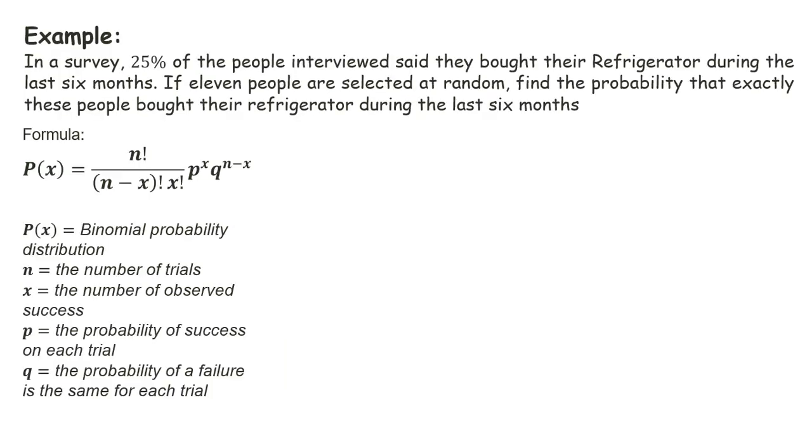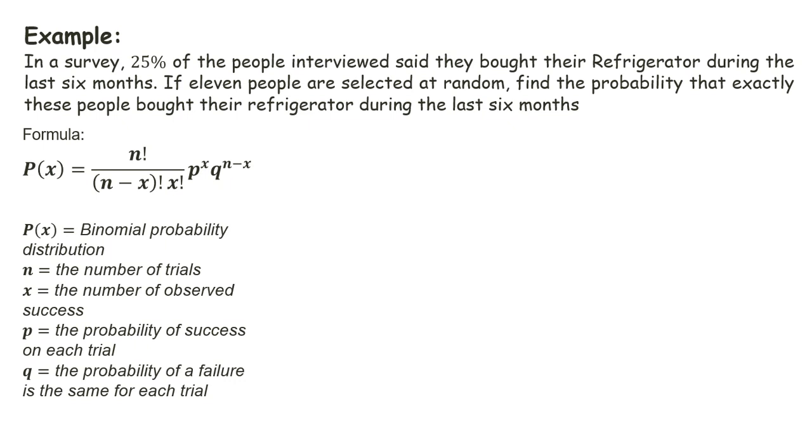So, let's have this example. In a survey, 25% of the people interviewed said they bought their refrigerator during the last 6 months. If 11 people are selected at random, find the probability that exactly 6 of these people bought their refrigerator during the last 6 months.